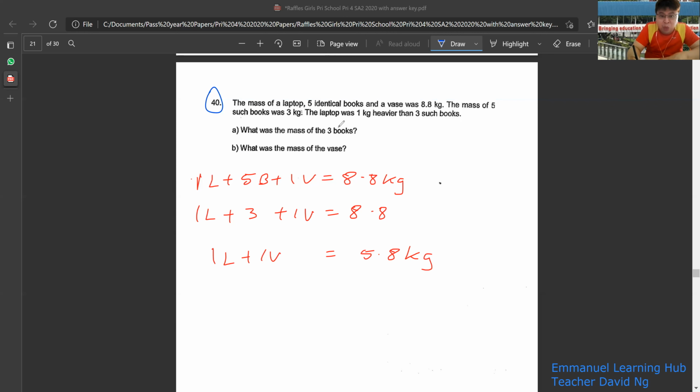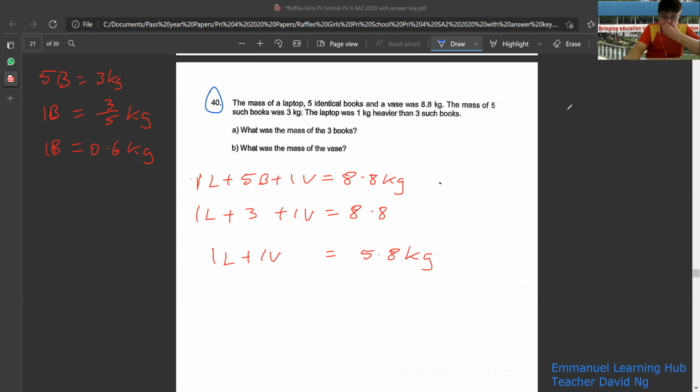Then after that, the laptop is 1 kilogram heavier than 3 such books. 3/5 is 0.6 kilogram.